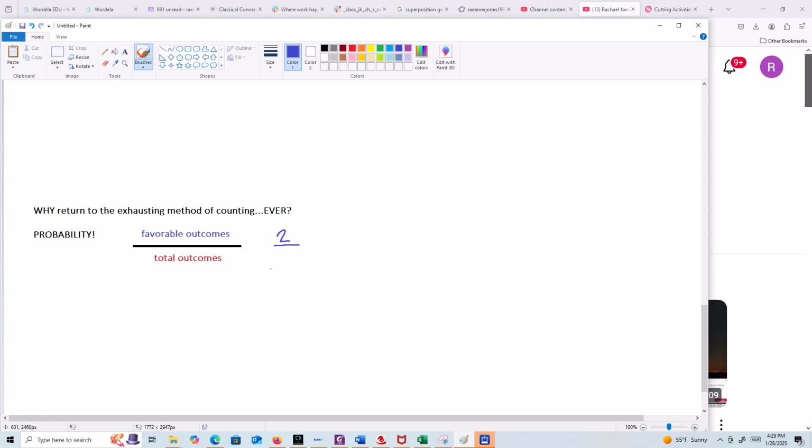Now the total number of outcomes is the 2 breads times 3 meats times 3 cheeses times 3 toppings. This equals 54, so 2 divided by 54, which equals 1 over 27.